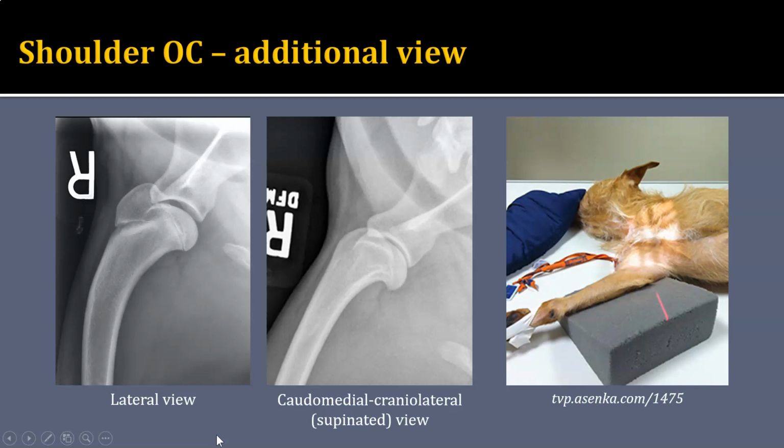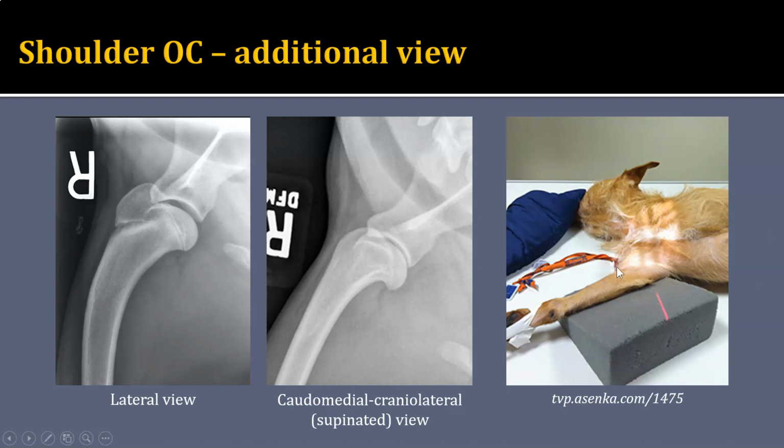There is one additional view that is a variant on the lateral view that can be beneficial because it allows us to evaluate the caudolateral aspect of the humeral head. This is what is truly named the caudomedial craniolateral view, but is oftentimes called the supinated view.